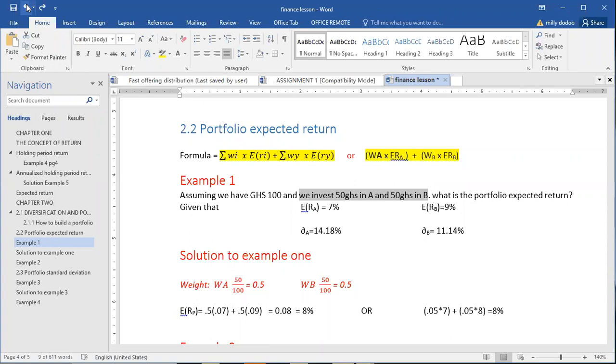Then I say, Delphina, take 50 Ghana cedis, without saying that Richmond should take 50 Ghana cedis. I didn't say anything about Richmond. Automatically, Richmond knows that he will also take how much? 50 Ghana cedis.